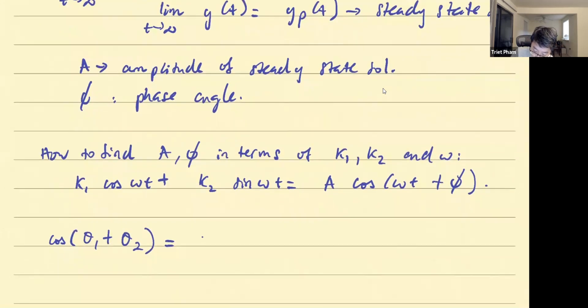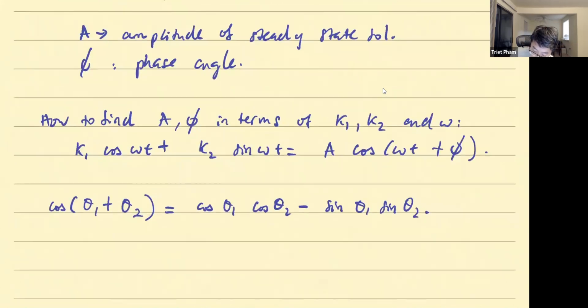It will be cosine of theta 1 cosine of theta 2 minus sine of theta 1 sine of theta 2. And so expanding the right-hand side gives you A cosine omega t cosine of phi minus sine omega t sine of phi.